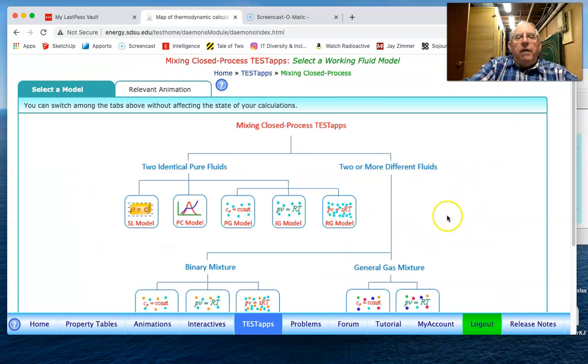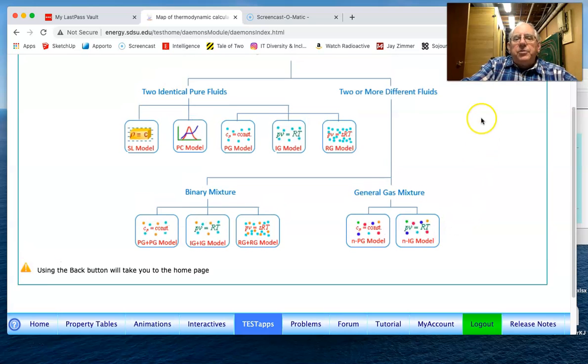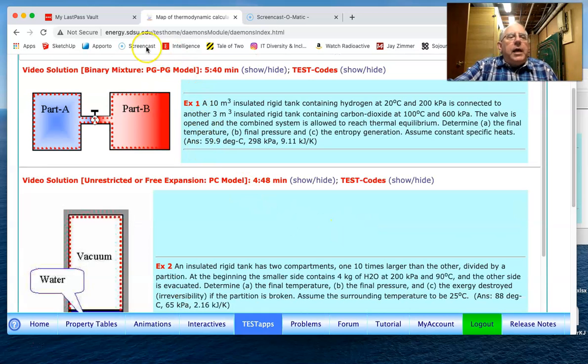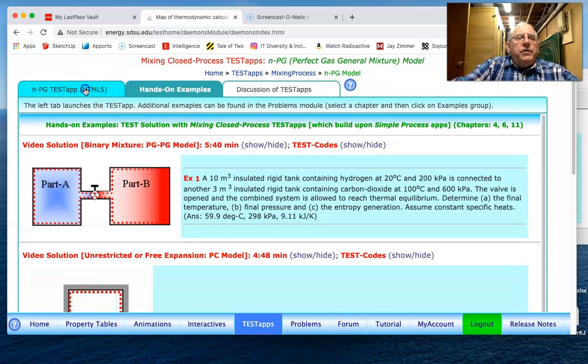Clicking on that, when we ask for the substance, it's going to be a general gas mixture, and we're going to be selecting this one here with constant specific heats. Even though one of the tanks is a binary mixture, if all we were dealing with was the binary mixture, it would be that. If they aren't identical mixtures, and so basically it's two or more different fluids as perfect gases, then we are going to be able to solve this particular problem.